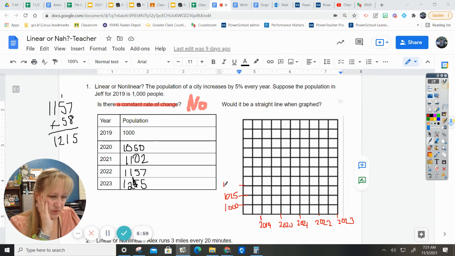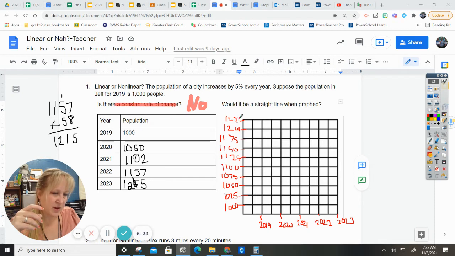So this one is 1050. This one is 1075. This one is 1100. This one is 1125. 1150. 1175. 1200 and 1225.